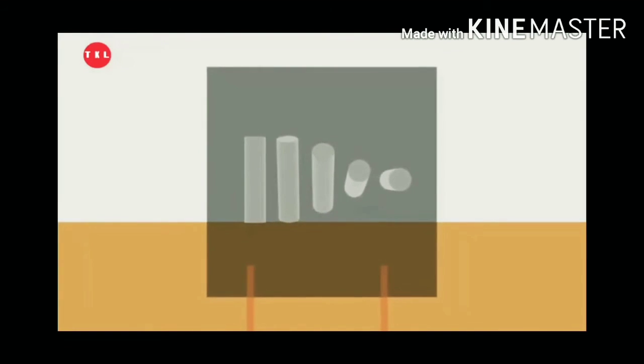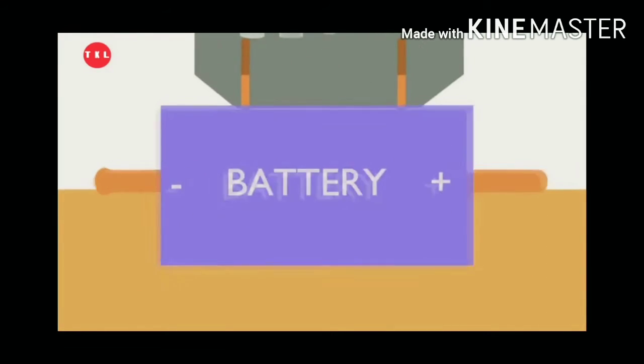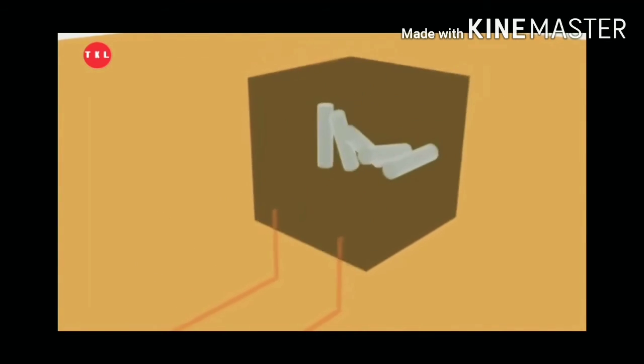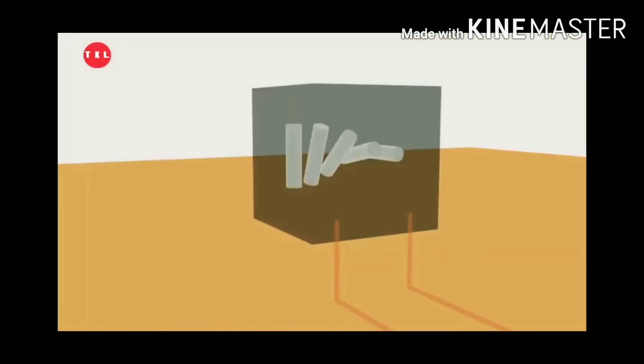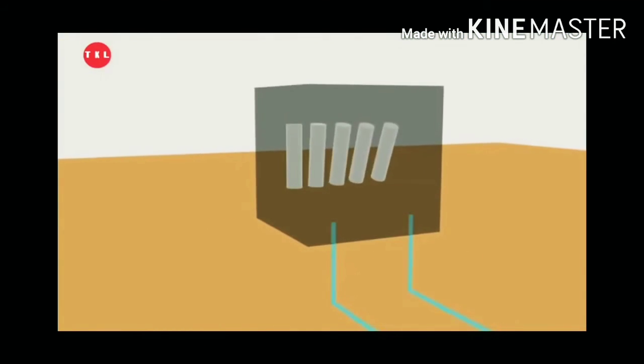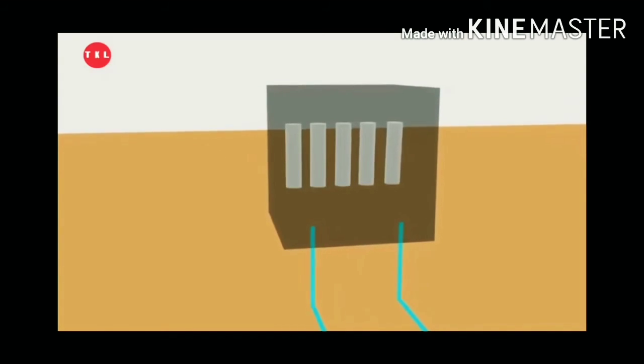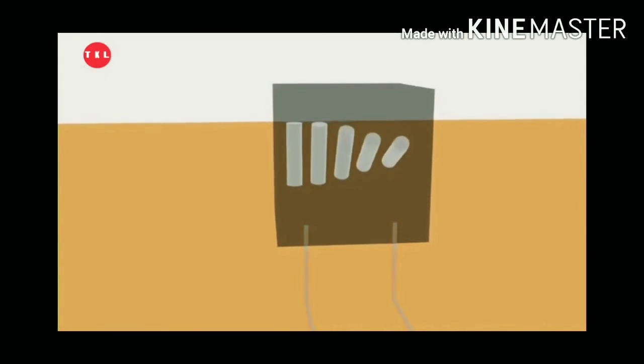This is a liquid crystal. When it is connected to an external electric field, molecules align towards the field. When it exceeds threshold value, the molecule structure changes.